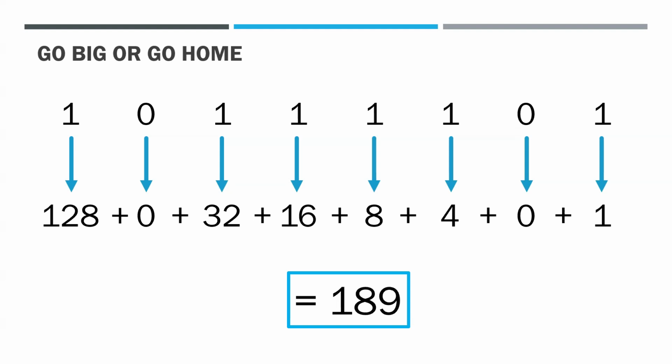That's more laborious than chunking them up into groups and then adding the groups together. Grouping things into things that end in a 0 makes it easier to add the groups together. So 128 plus 32, 160, 16 plus 4 is 20. 160 plus 20 is 180. Plus 8 plus 1, 189. And I'm able to do that in my head much faster than doing it with pencil and paper. So that's the idea.